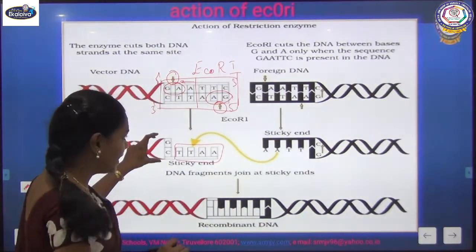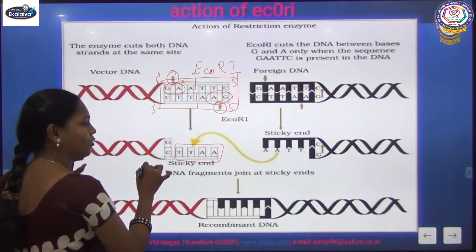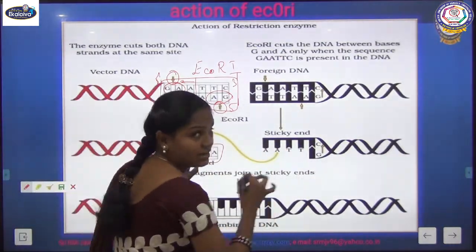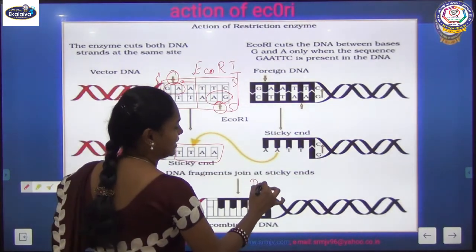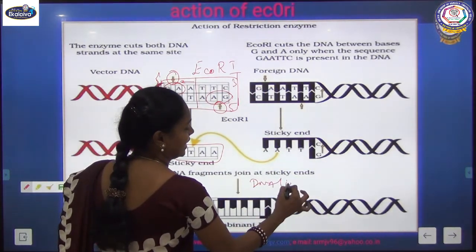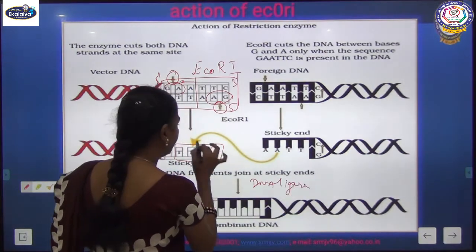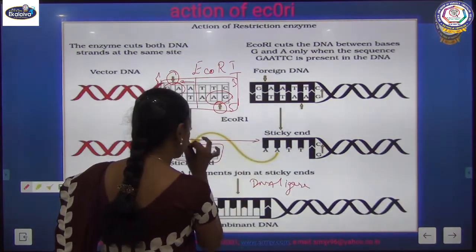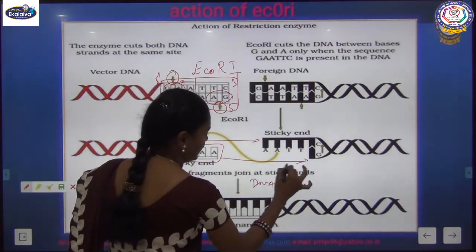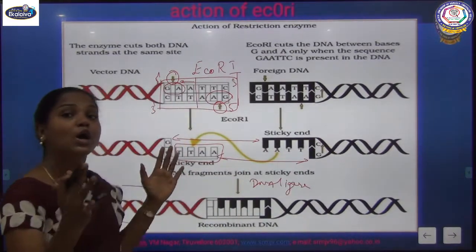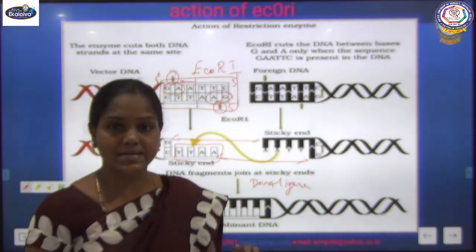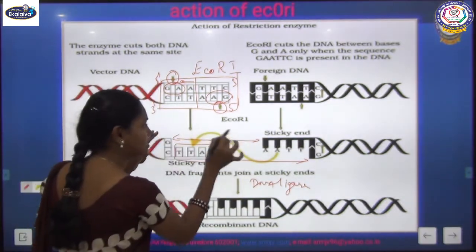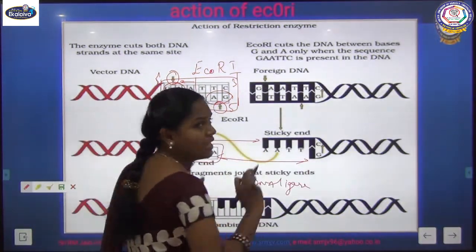The same kind of sticky end is produced in the cloning vector as well as in our foreign gene. When you use DNA ligase here, it will bring these two strands closer. That is the actual function of DNA ligase, to paste this place with this place and this place with this place.